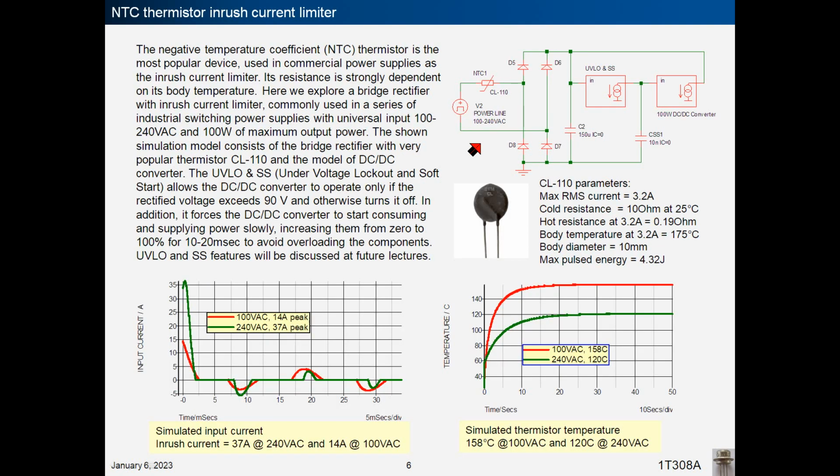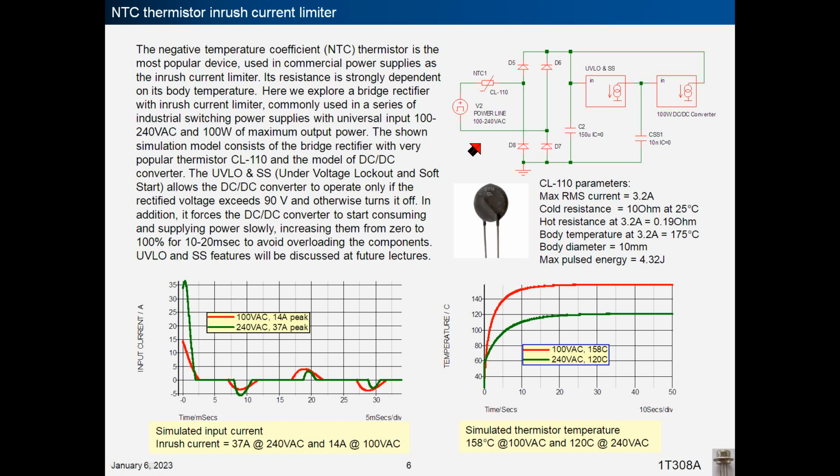NTC thermistor inrush current limiter. The negative temperature coefficient NTC thermistor is the most popular device used in commercial power supplies as the inrush current limiter. Its resistance is strongly dependent on its body temperature.